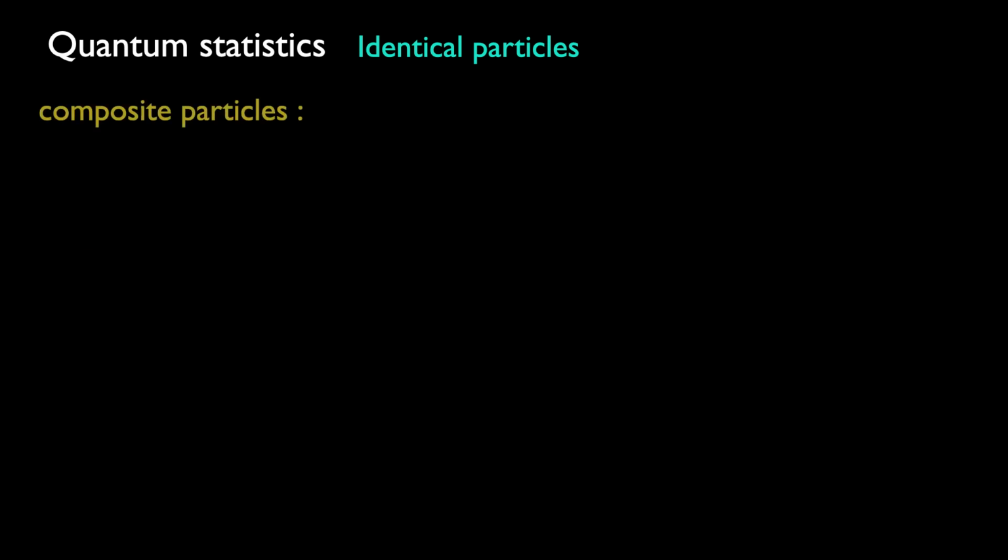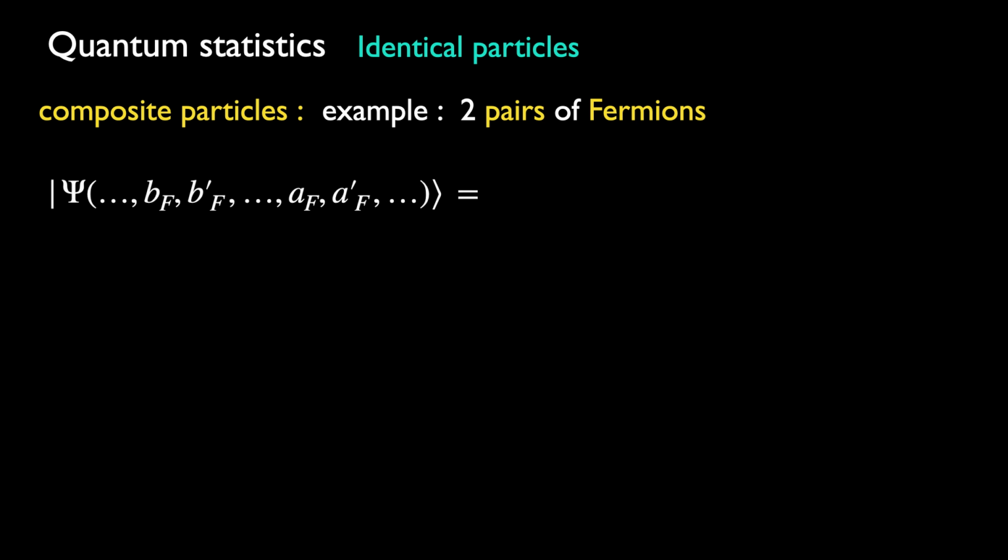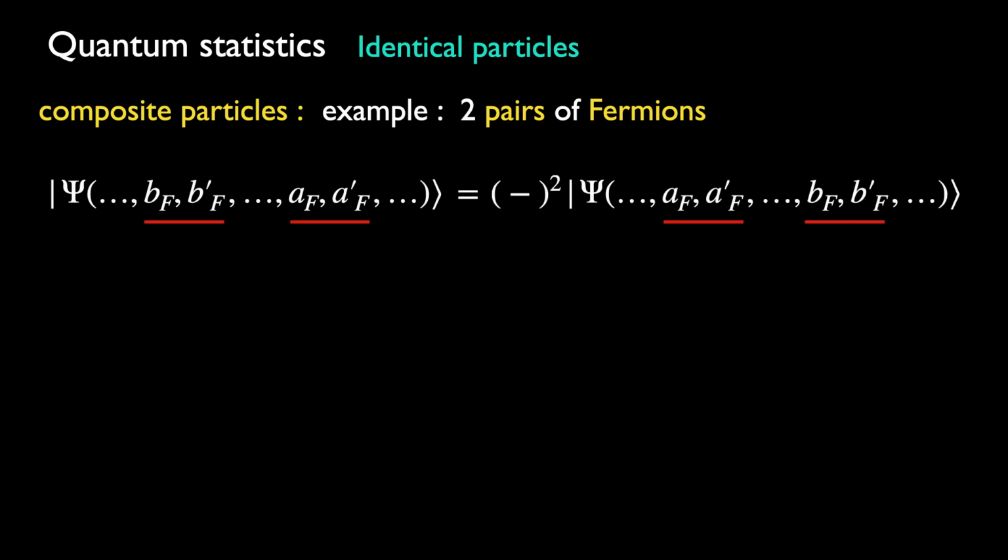What about composite particles? How do we decide whether a composite particle is a boson or a fermion? By using the permutation rules for the elementary particles in its composition. For example, if we permute two pairs of fermions, we end up with a pair of negative signs, one for each transposition, resulting in a positive sign, in other words, a boson.